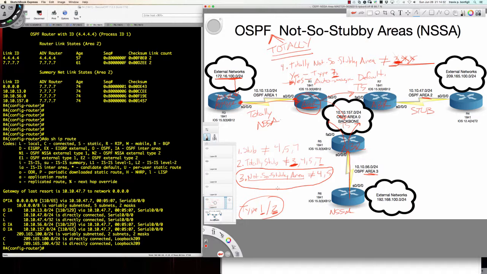All right, I really hope that you've gotten a lot out of this. I hope that any confusion that you had about the different OSPF area types has been cleared up. I know that when I first started learning OSPF a while ago, this was one of the things that I could not seem to get my head around.